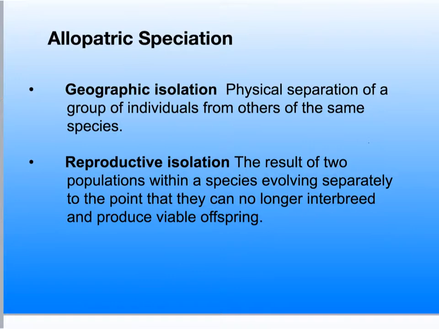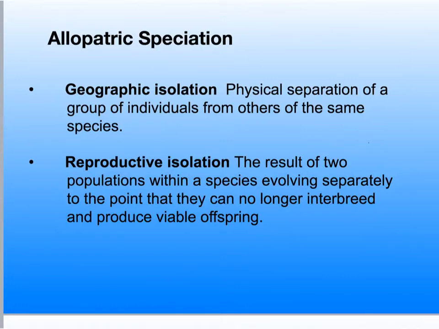One common way that evolution creates a new species is through geographic isolation. Basically that means that there's been some sort of physical separation of a group of individuals that are or were once the one species. It's called allopatric speciation.